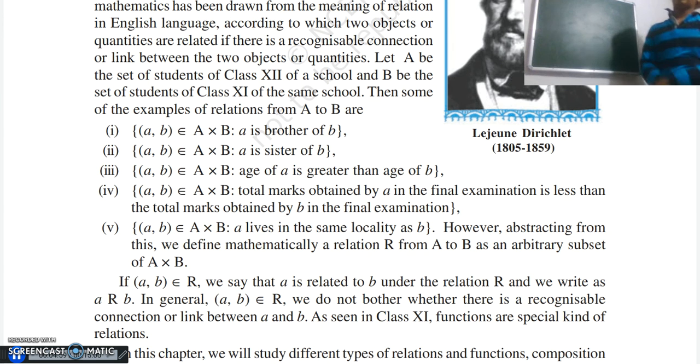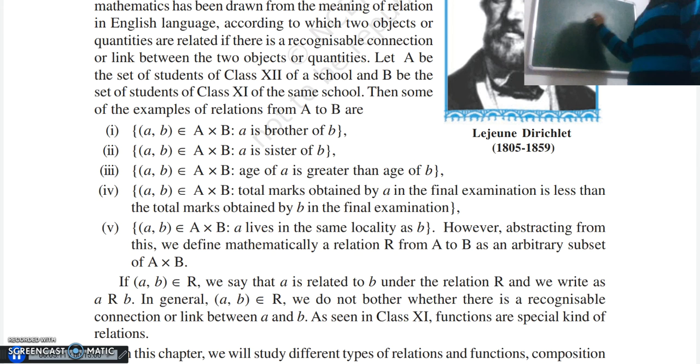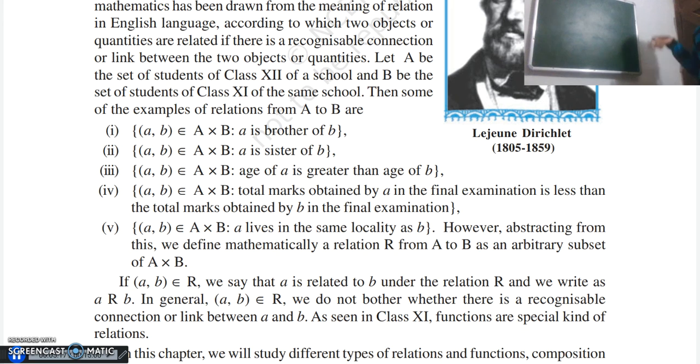Now moving further, we should know that, for example, one has a relation of brother with this, sister with this, father with this. I am just giving an example: his brother, his sister, mother, father, like this, and they have a relation.